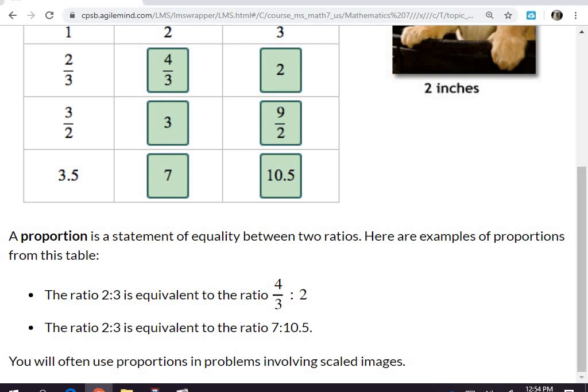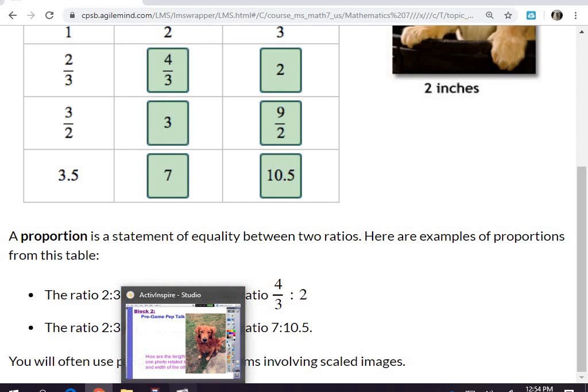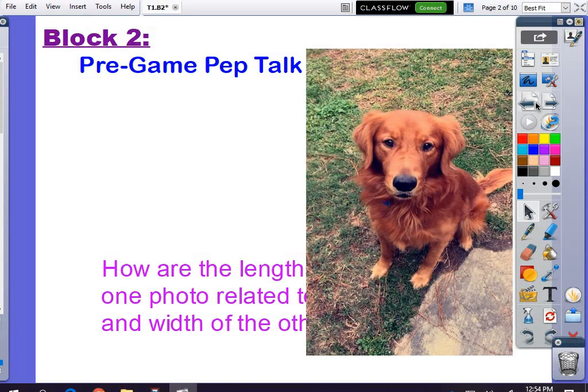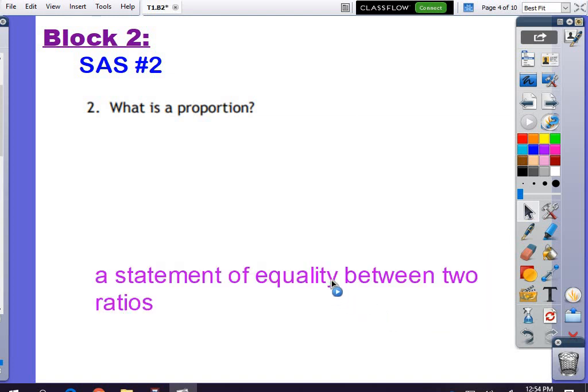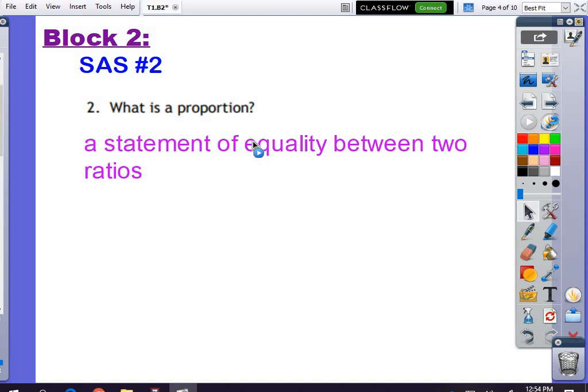So now we need to go to our problem in our book to fill in the true definition of a proportion. It's a statement of equality between two ratios. That is number 2 in your book.